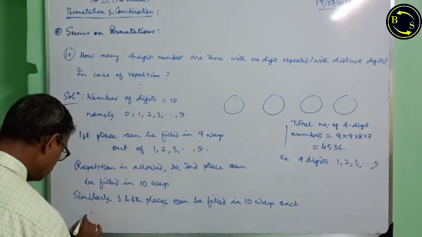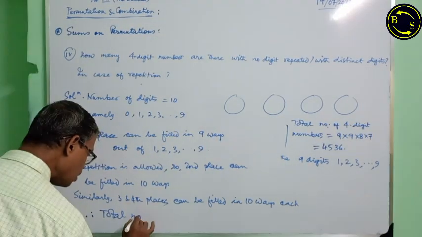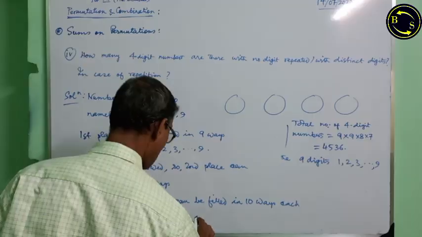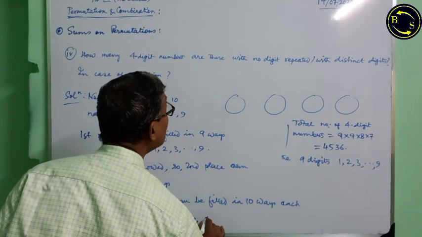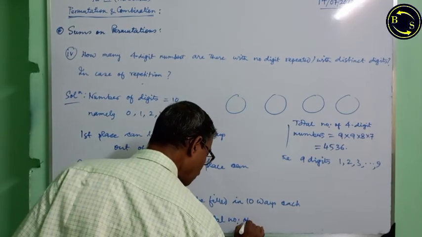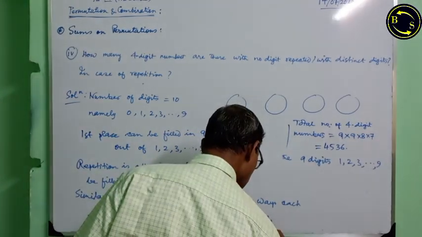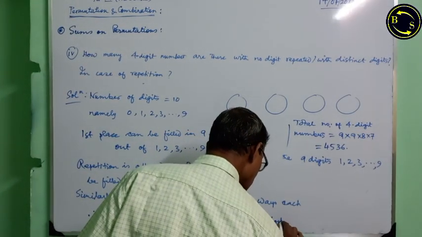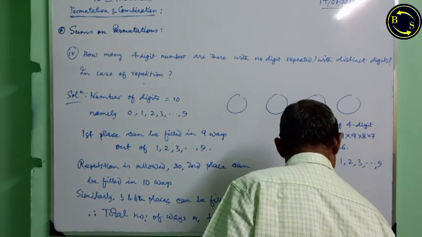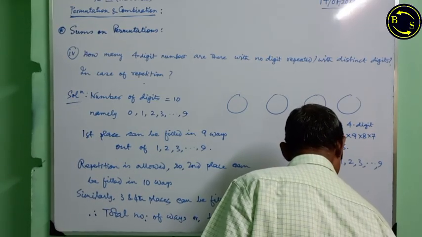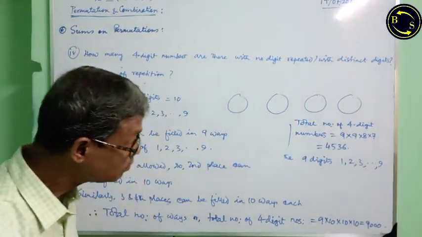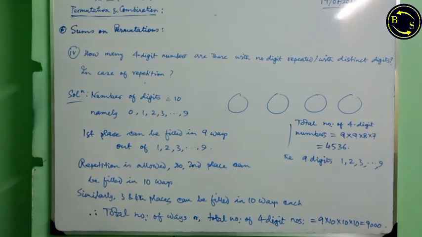Therefore, the total number of ways, or the total number of 4-digit numbers, is 9 into 10 into 10 into 10. Try to understand this. Very interesting one.